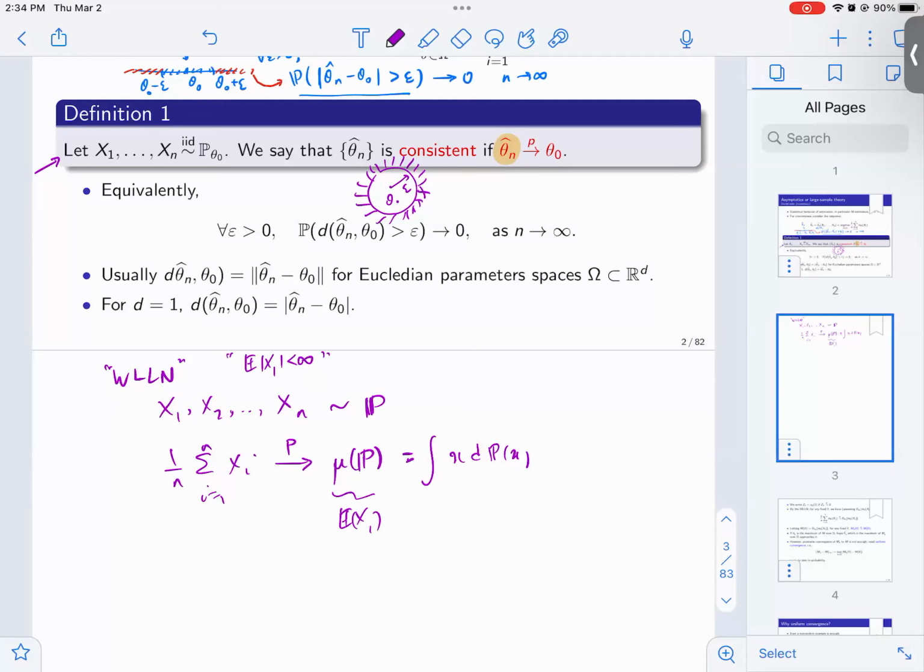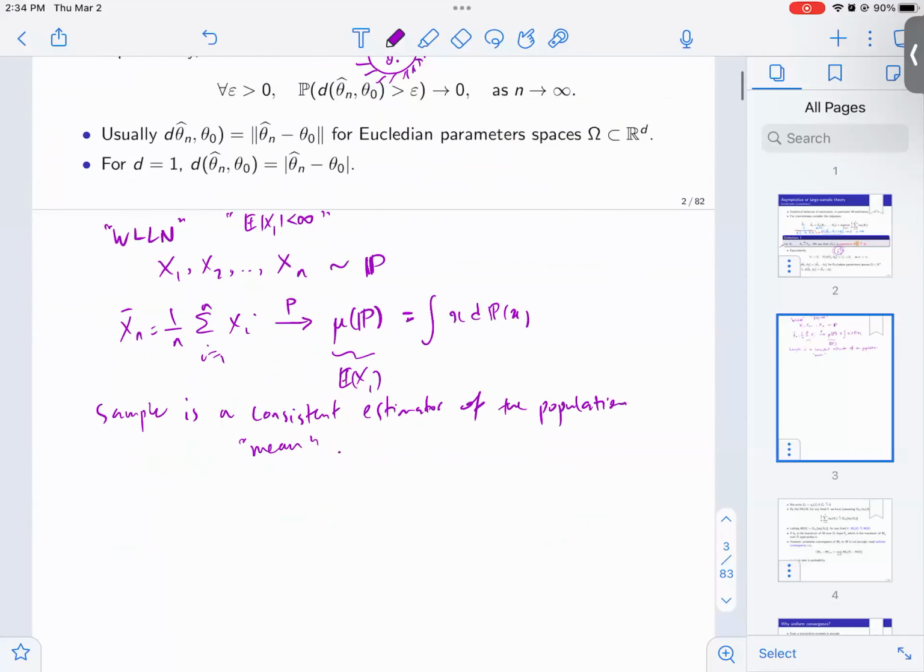So the sample mean is a consistent estimator of the population mean. And from this, you can get all sorts of other consistency results. That's the building block. Questions?